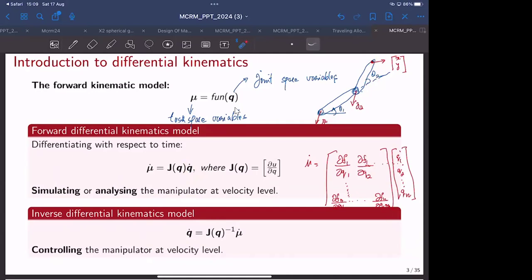It's more like simulating the robot at velocity level. That's why we call forward differential kinematics simulating or analyzing the manipulator at velocity level.